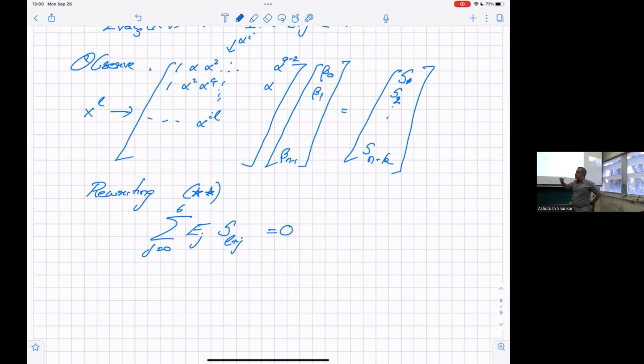So the Peterson algorithm first takes the given vector beta and multiplies it by the parity check matrix. You get the syndrome S1 to S_{n-k}, and then they say let's solve this set of equations. And of course, we know that if you solve this equation, you will get some E, and that E will be this one.